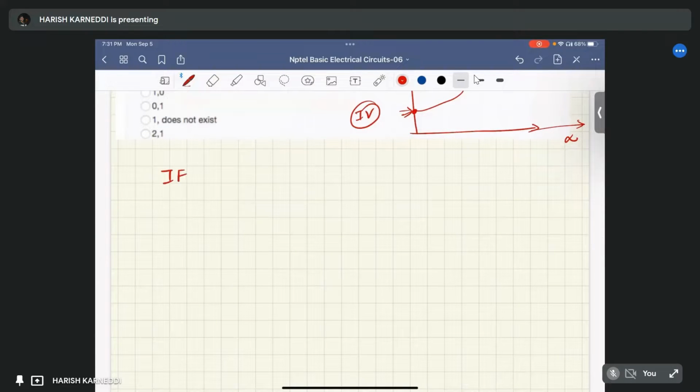Find out the initial value. Limit as s tends to infinity of s into f of s equals limit as s tends to infinity.